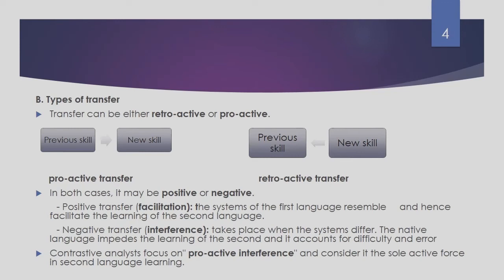In that case, the native language impedes. It is an obstacle in the learning of the second language, and it accounts for difficulty, and this is the source of all errors. Contrastive analysts focus on proactive interference, and they consider it the sole active force in second language learning.